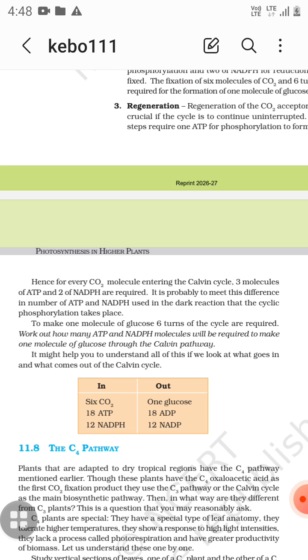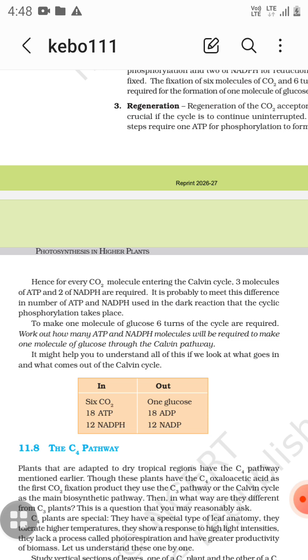Okay, so in glucose 6 carbon atoms are there, so total fixation of CO2 required is 6, so 6 CO2 is required. Now the outcome is one glucose. Now 18 ATP, adenosine triphosphate, is required, that gives us 18 ADP.